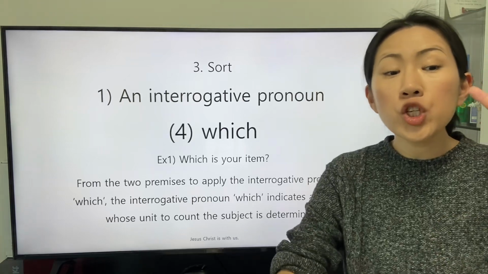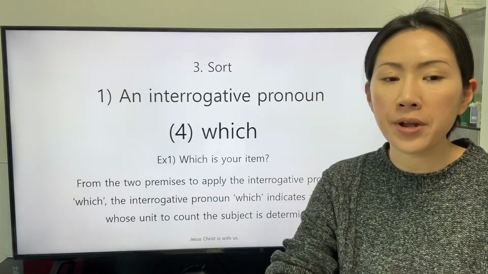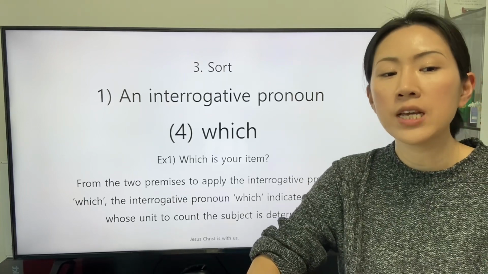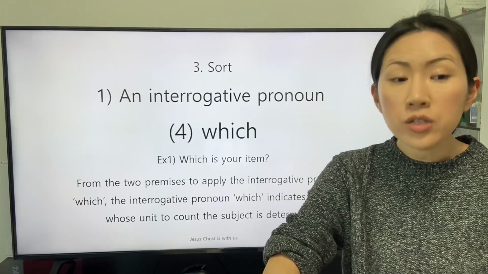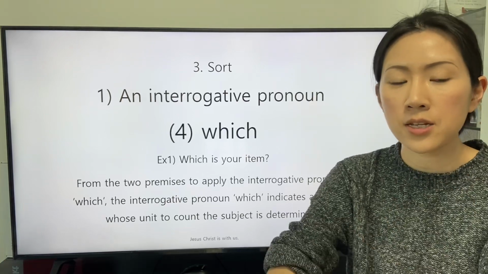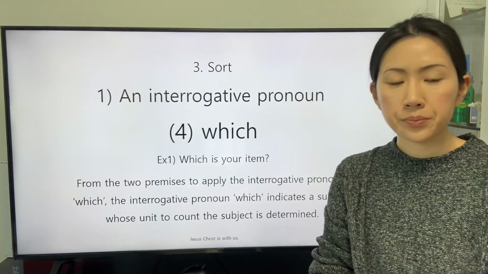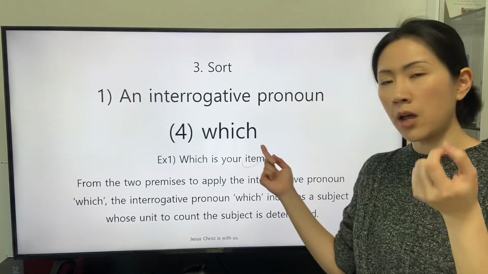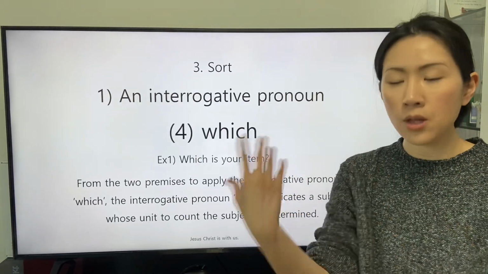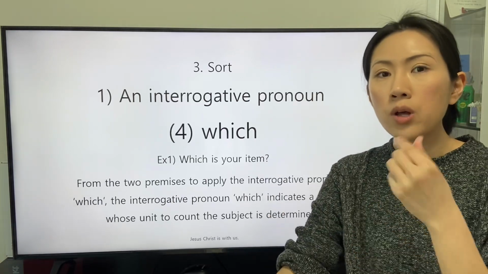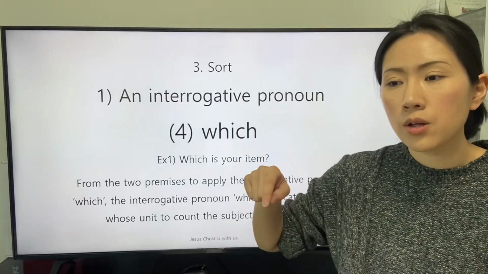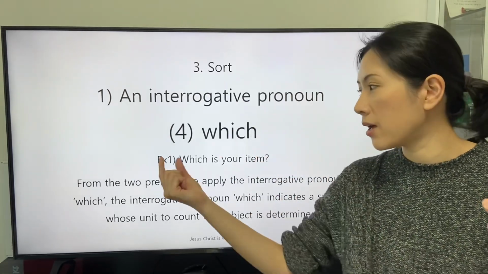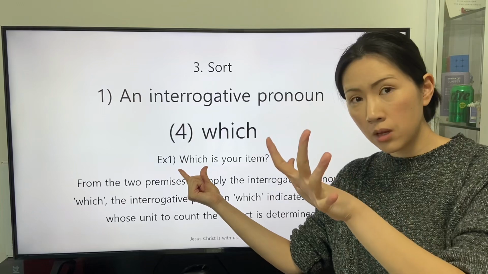From the two premises to apply the interrogative pronoun which, the interrogative pronoun which indicates a subject whose unit to count the subject is determined. The unit of the subject indicated by the general noun item is agreed in the linguist group, so the speaker determines the range of the subject to be indicated by the interrogative pronoun.